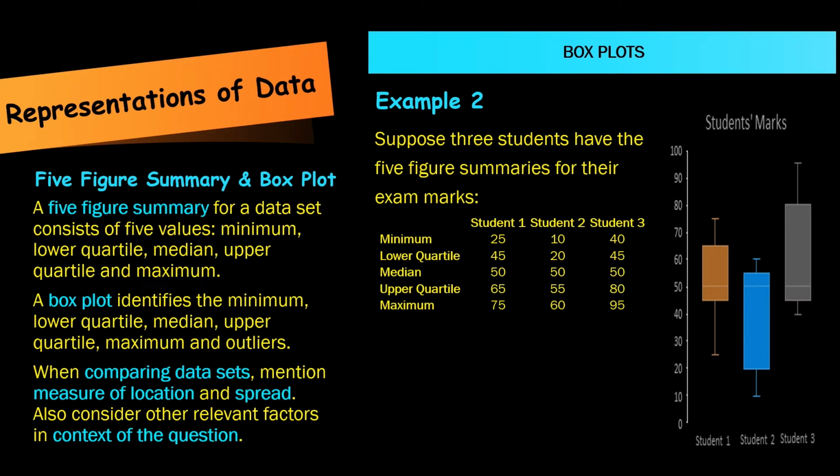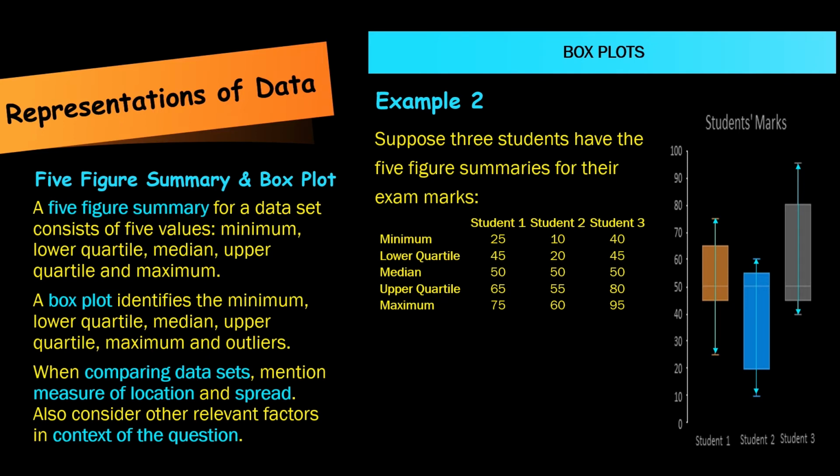What's particularly useful about comparing box plots is that you can see an overall picture of what's going on without going into the nitty-gritty of the 5-figure summary figures. So, for example, we can immediately see that for this particular example, all 3 students have the same median mark.